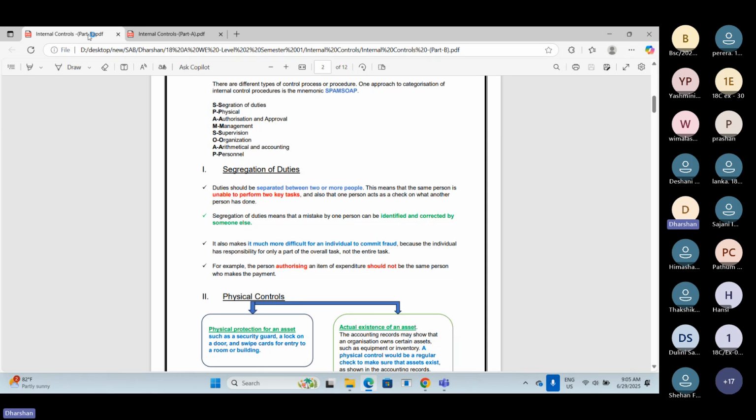Let's assume only 4 controls are there, though there are more. Then prepare is done by A, check by B, approve by C, and the check payment will be signed by a director called D. So 4 people are involved.